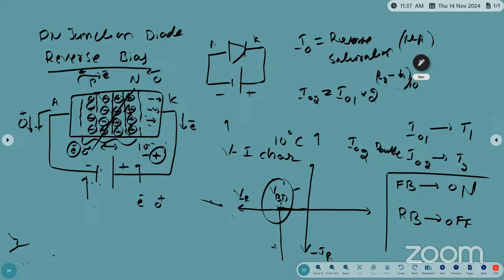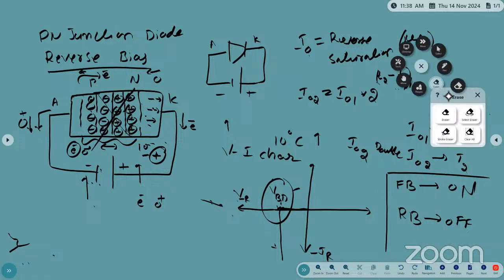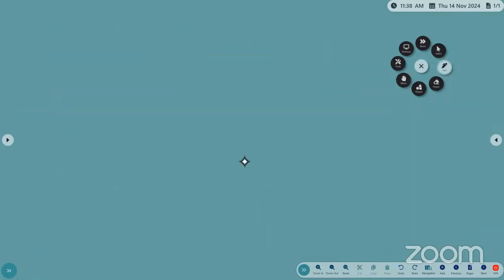You can note this down. Next, put a heading. The Zener diode also works like a PN junction diode, and the construction diagram is also the same as the PN junction diode.